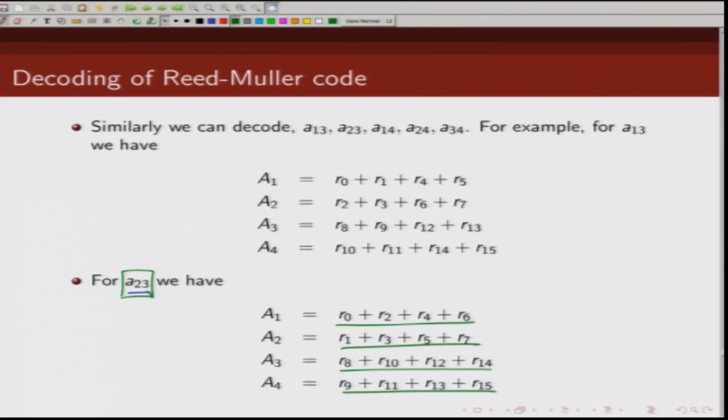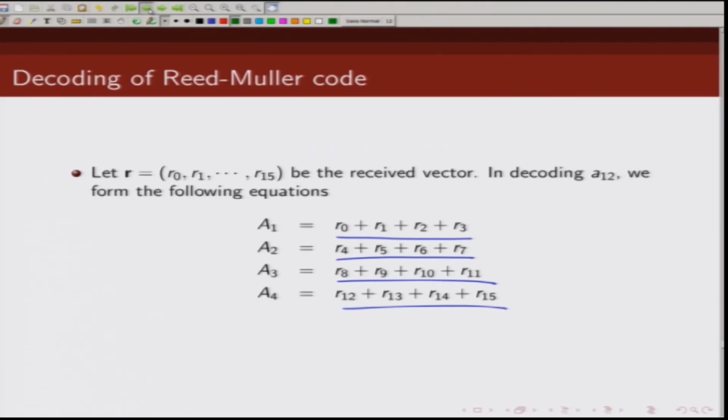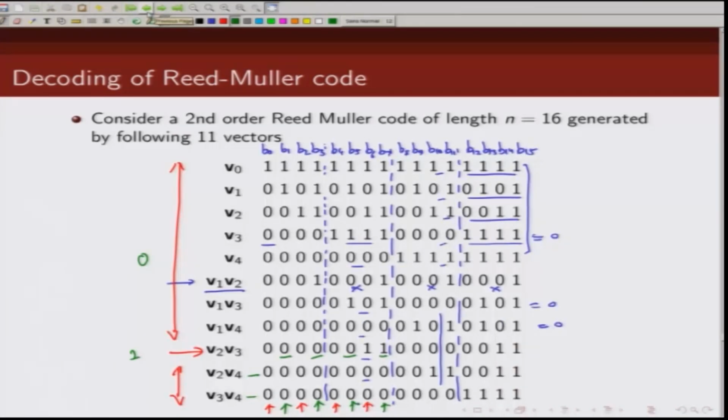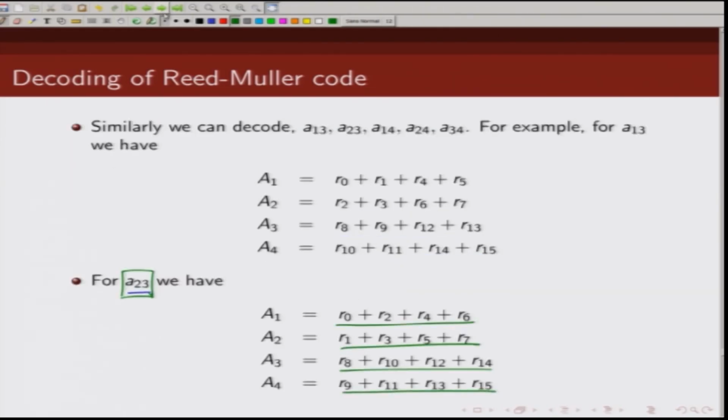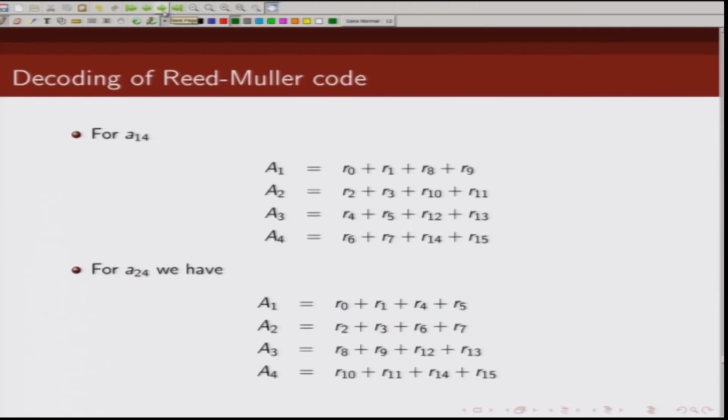Again the point to be noted here is, you look at this and find out combinations of these received bits which will give information about one particular transmitted bit and not others, and once you do that you can similarly do for other bits.